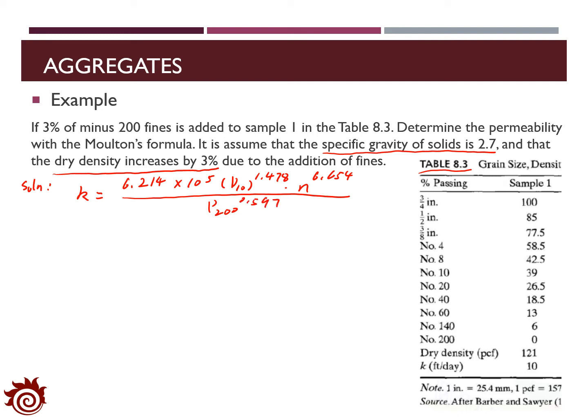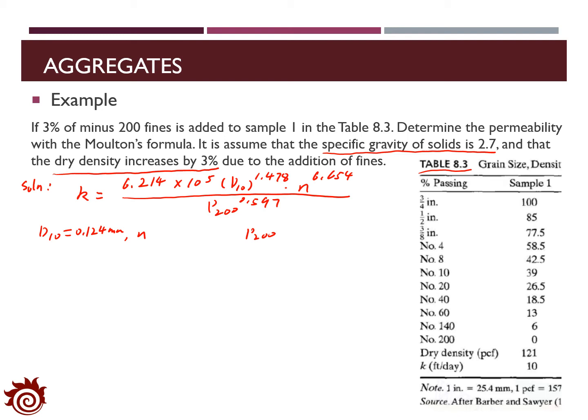So here we want to get D10, n, and P200. From our previous example, D10 is 0.124 millimeter. And we want to find n and P200.